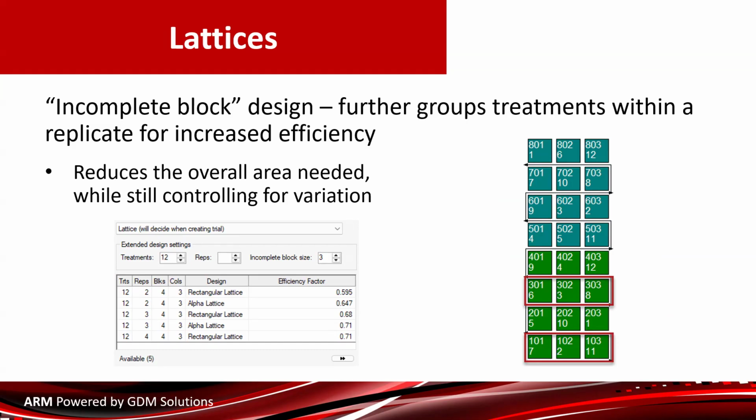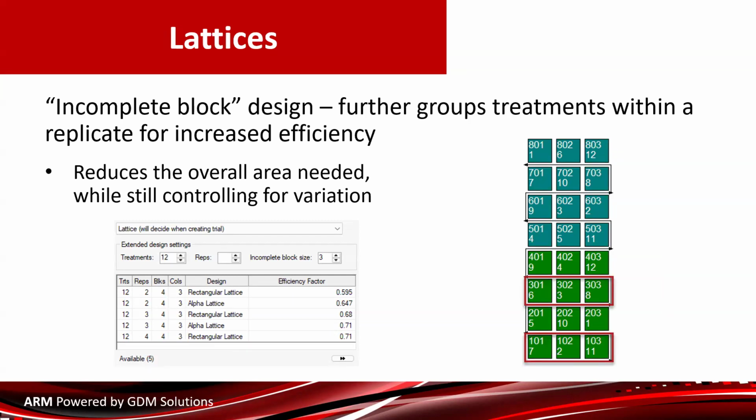So the hope is we don't have to do as many replicates, less area we're using up, but we still are controlling for that variation that we just can't get away from in our field or wherever we're doing the study.